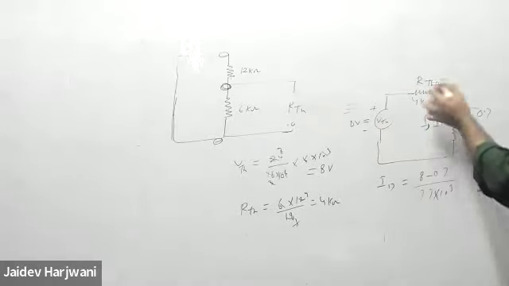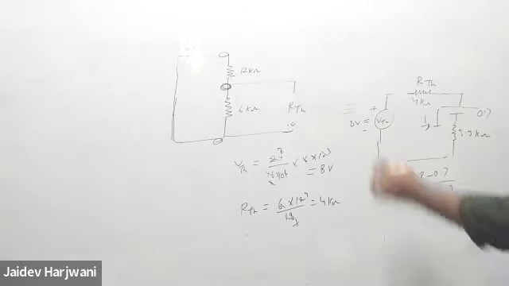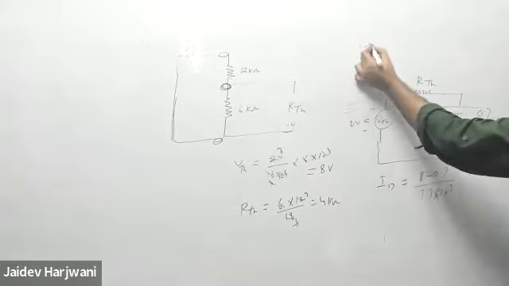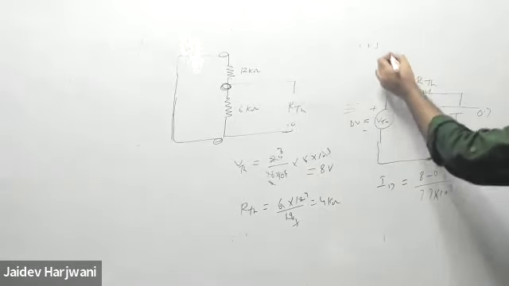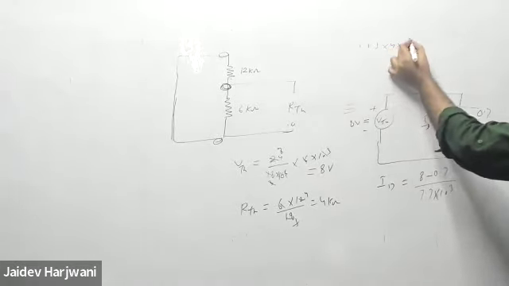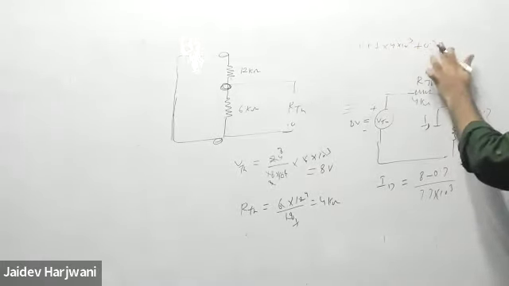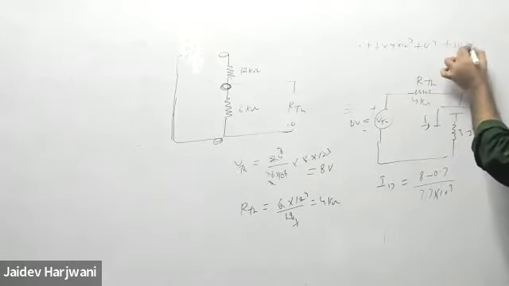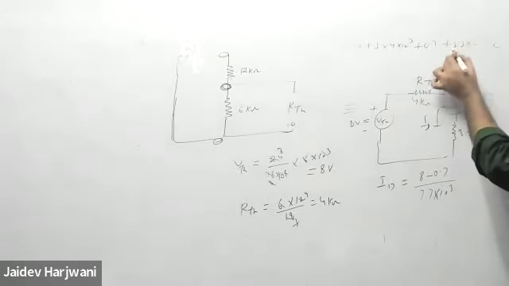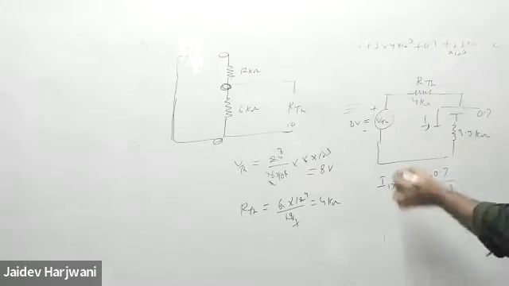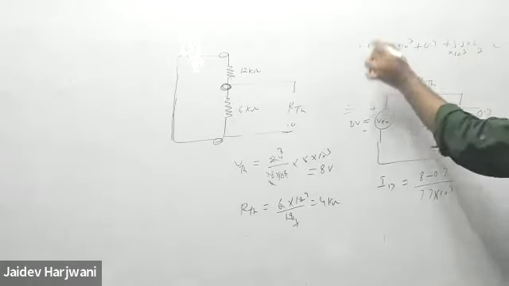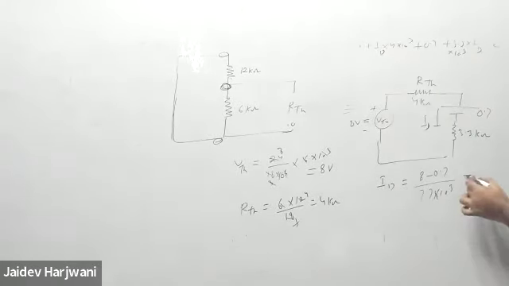Okay, you can write the KVL. You know how to write the KVL? Minus 8 plus I into 4 kilo ohm plus 0.7 plus 3.3 kilo ohm into I equals 0. And from there, you can find the ID. How much is coming?